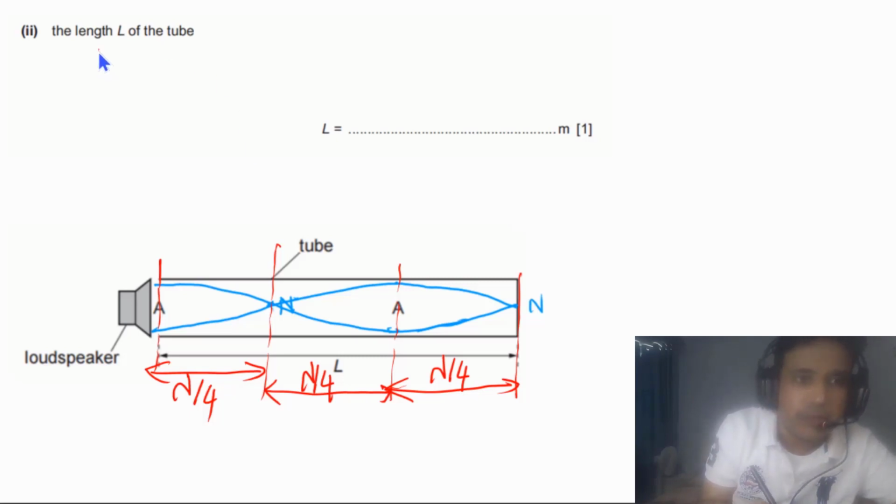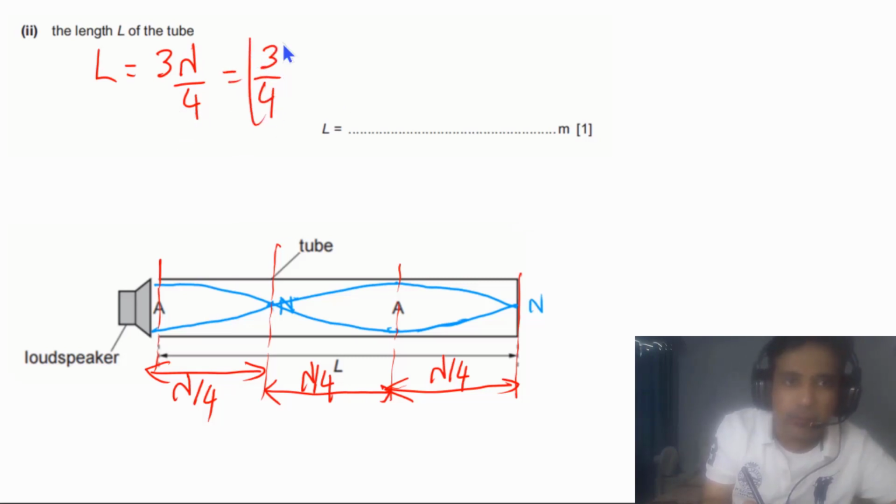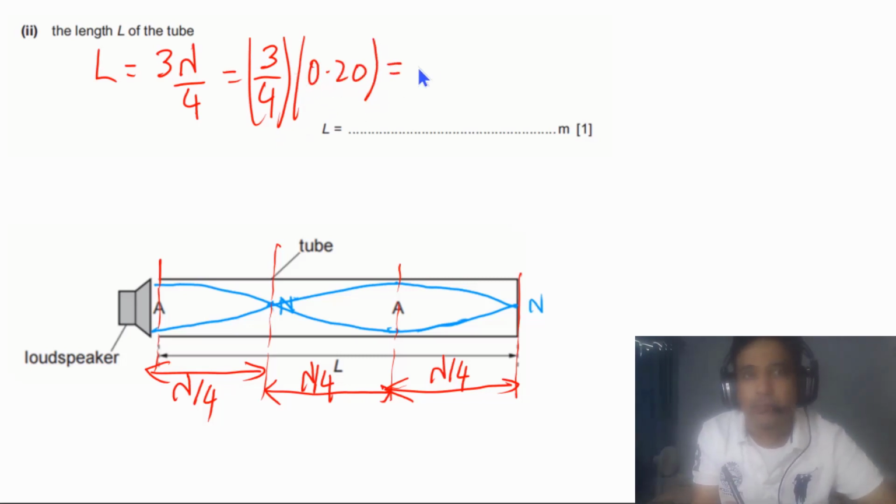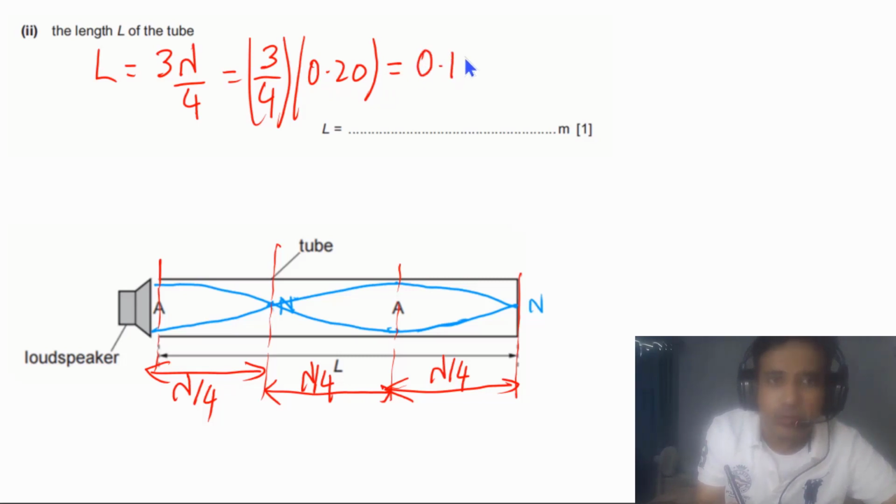So simply we can say in this case L is equal to 3 times lambda by 4. So 3 by 4 times lambda, which we have already calculated as 0.20. If we multiply this, we get 0.15 meters. So L is equal to 0.15 meters. If we got the right answer, we will get 1 mark.